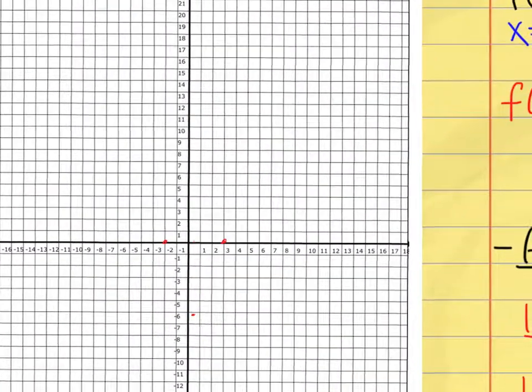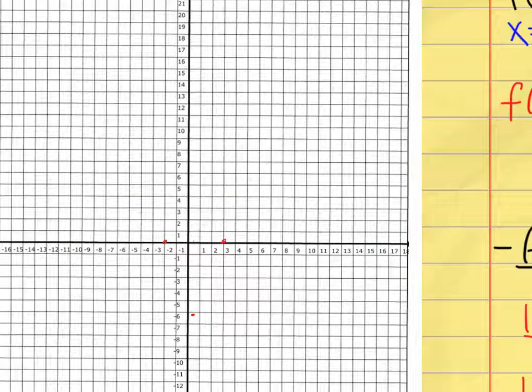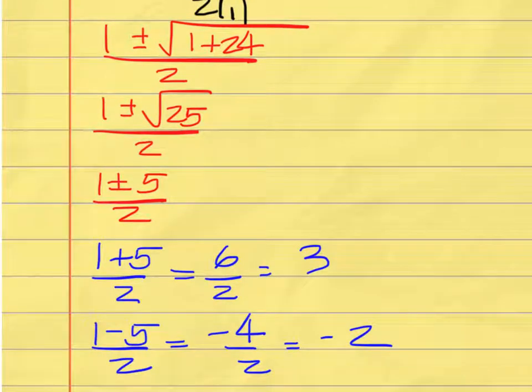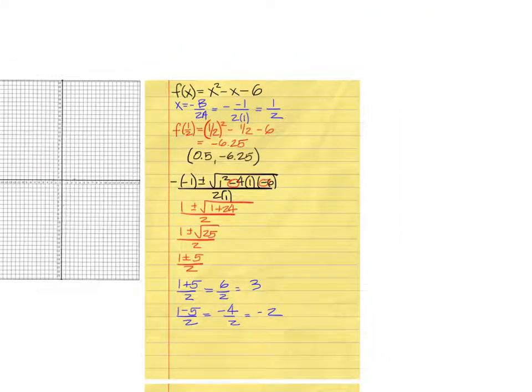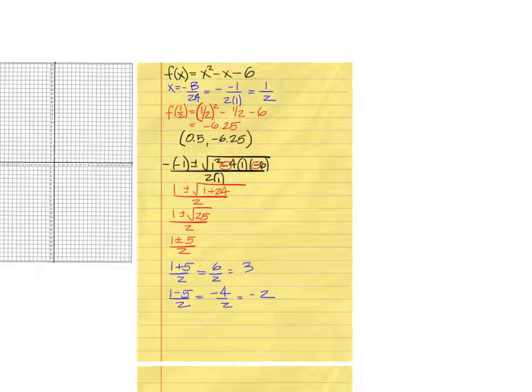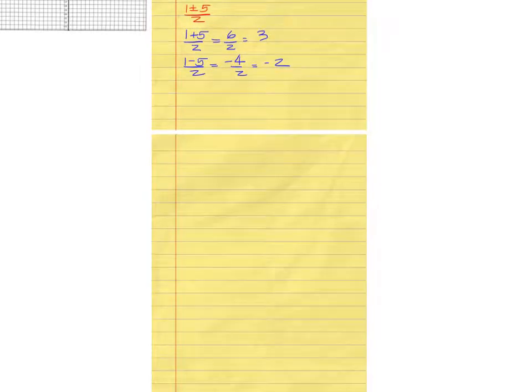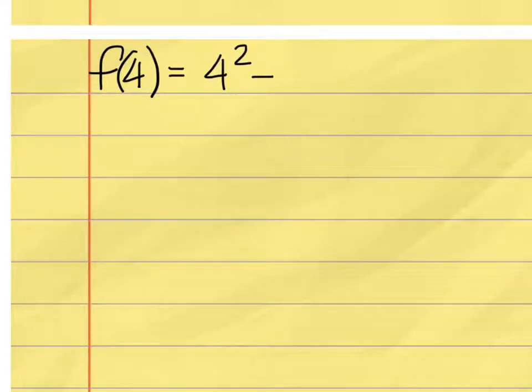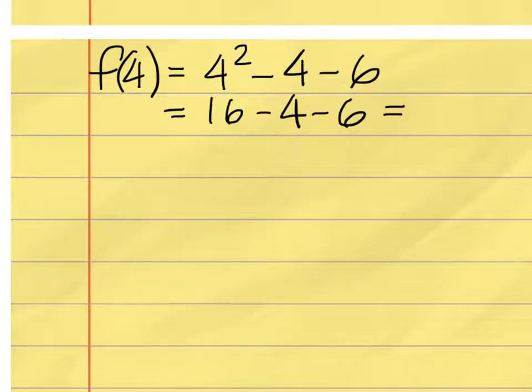But we can't graph this yet. We should plug in a 4, 1 to the right of 3. Plug in a 4 and see what we get. The original equation is x squared minus x minus 6. So if we plug in 4, 4 squared minus 4 minus 6. 16 minus 4 minus 6, that's going to be 12 minus 6, which is 6.